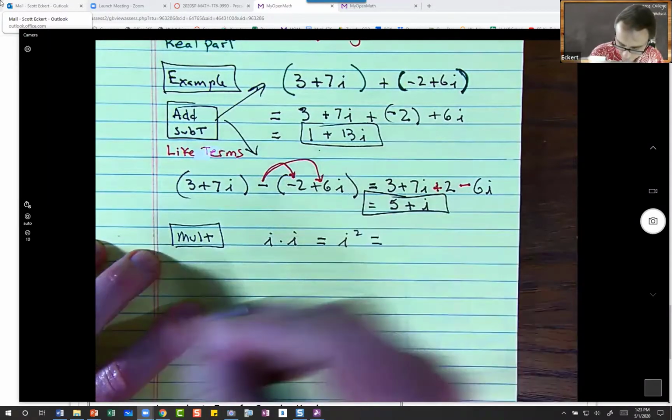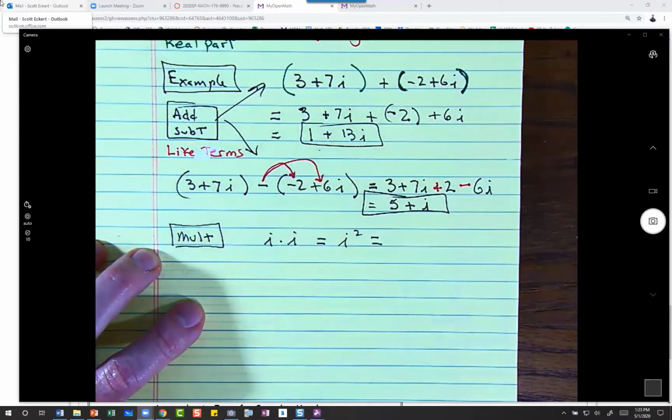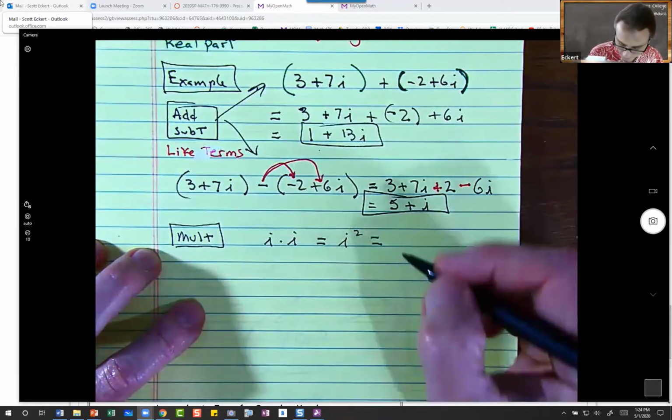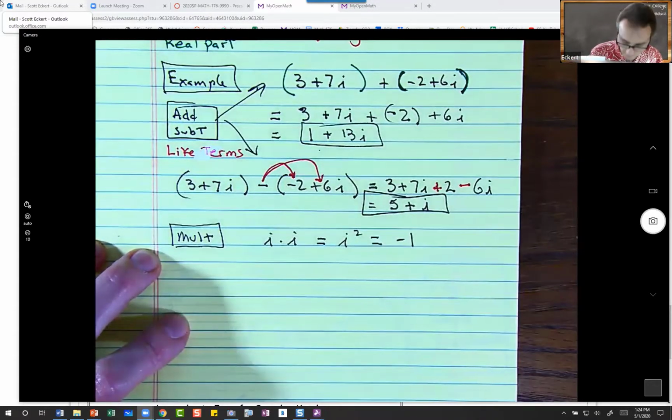And what does i squared equal? It's negative 1. That's important.